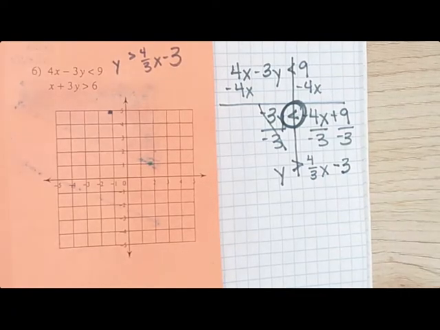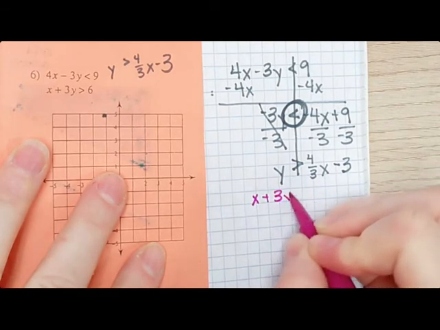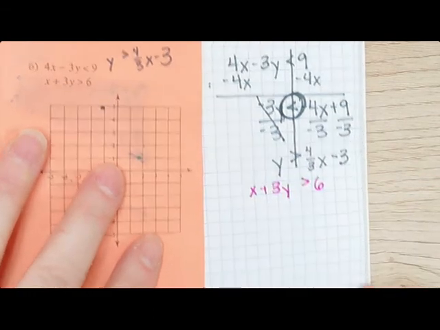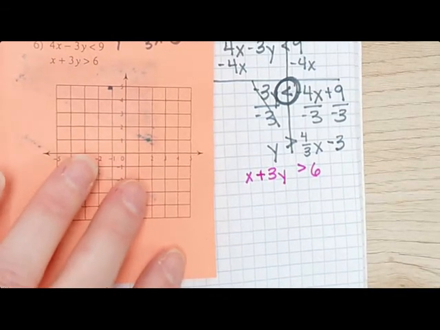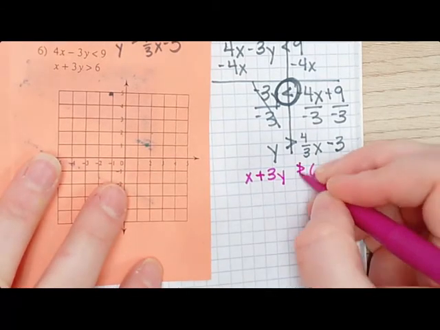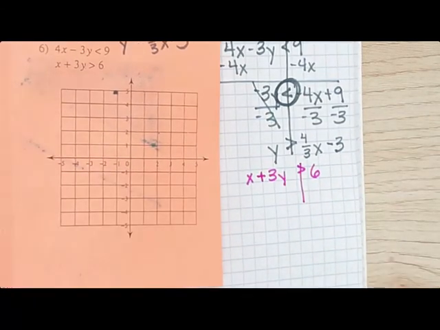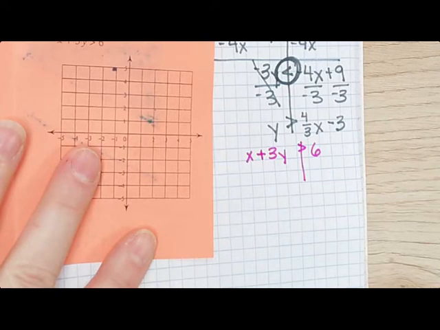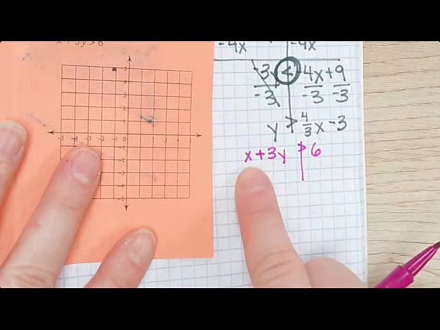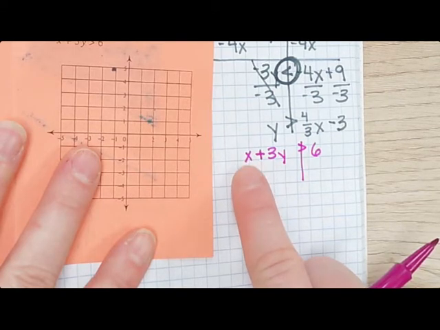And we have to do the other one too. So let's go ahead and do that one: x plus 3y greater than 6. Okay, Crystal, how do I get y by itself on this equation? What's keeping the y from being by itself? Okay, that's a positive x, so how do I get to the other side?